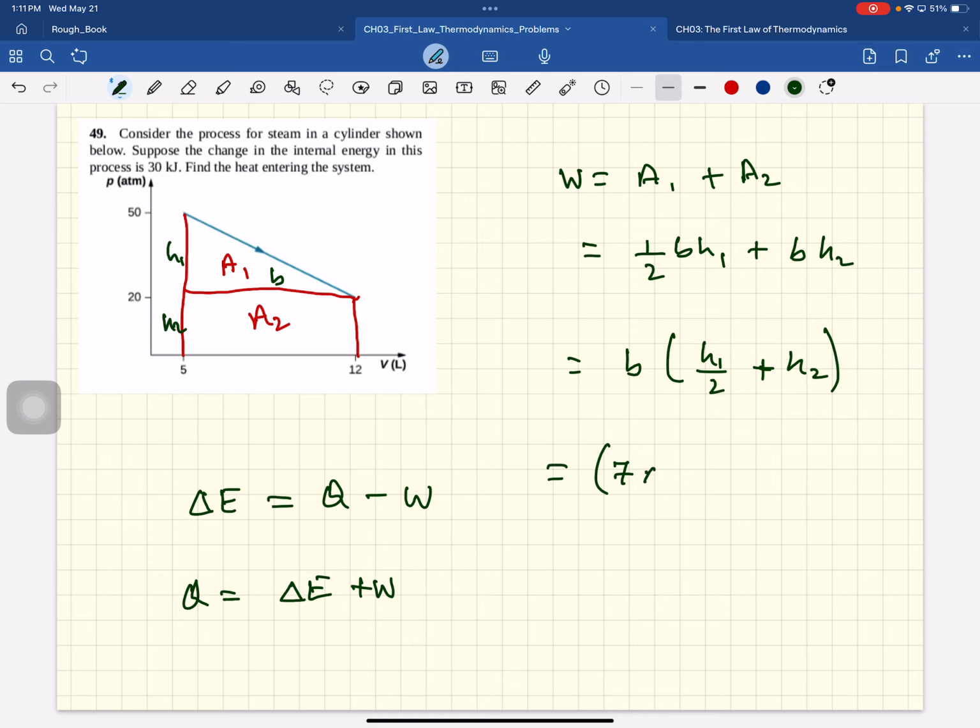And a liter is 10 to the minus 3 meter cubed. Again the base is 12 minus 5, 7 liters. And 1 atmosphere, you want this in pascals, is that many pascals.